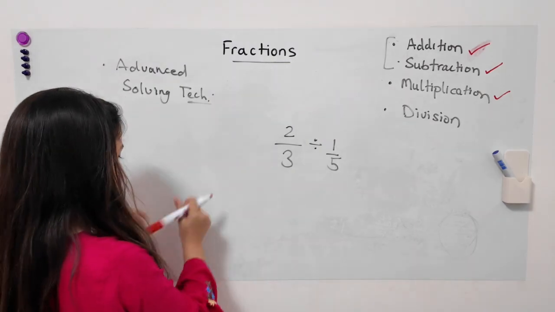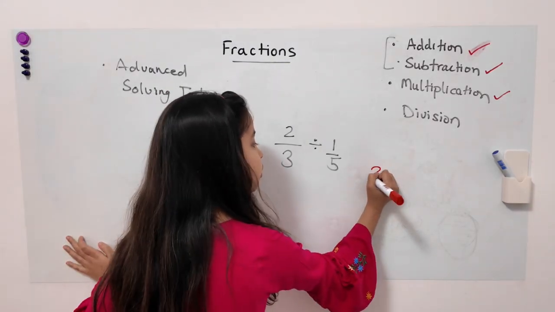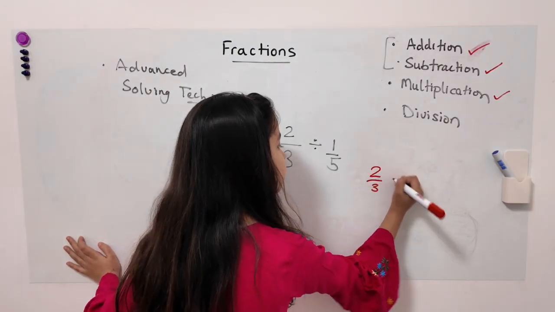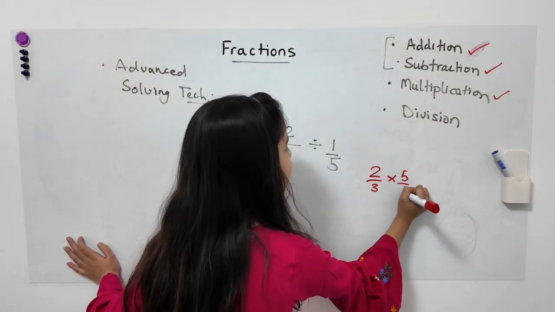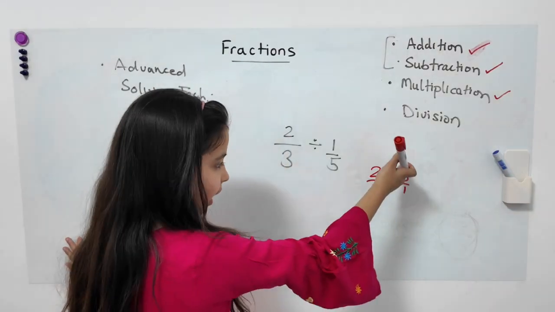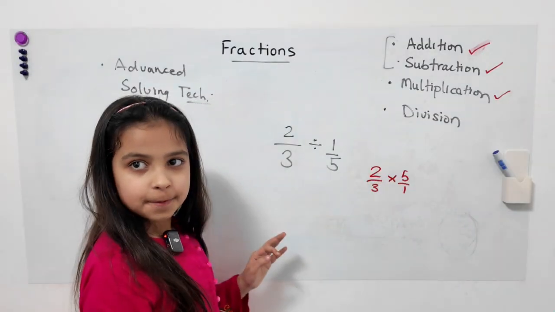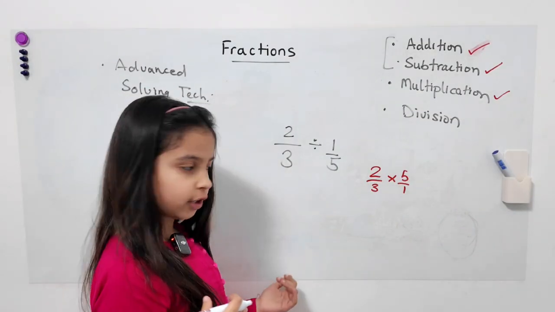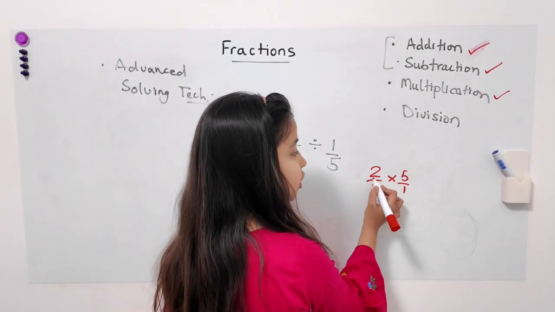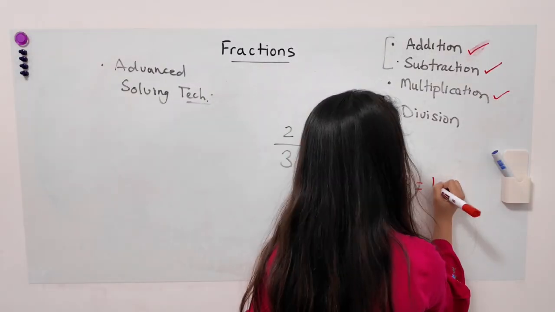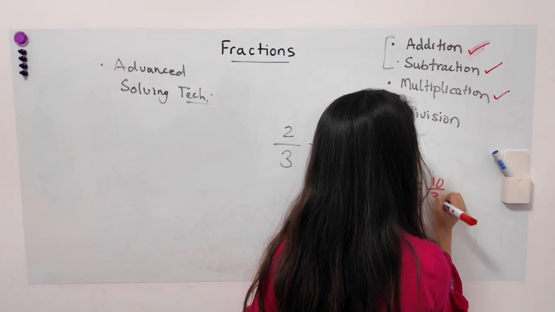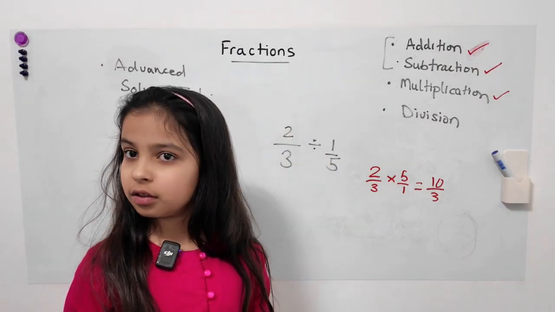So then it will become 2/3 times 5/1. You can write 5 as 5/1 because that's how you can write whole numbers as fractions. So you just do the multiplication and that will give you your answer, which is 10/3.